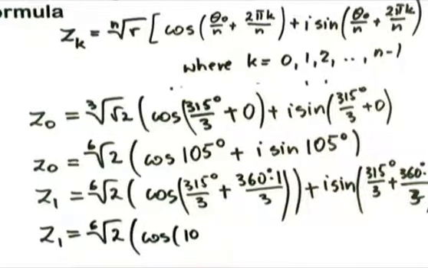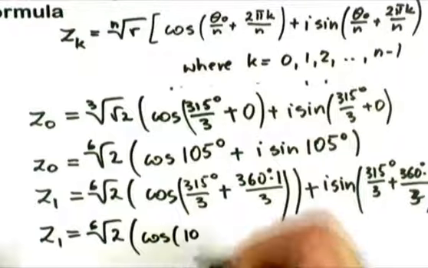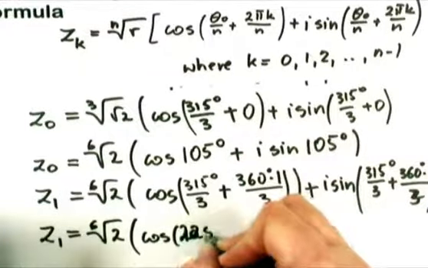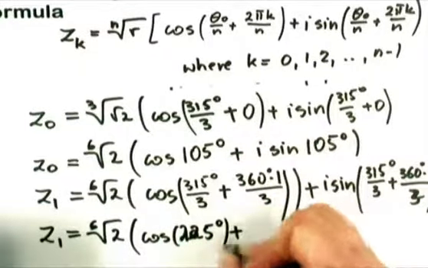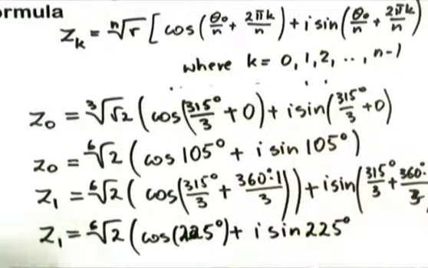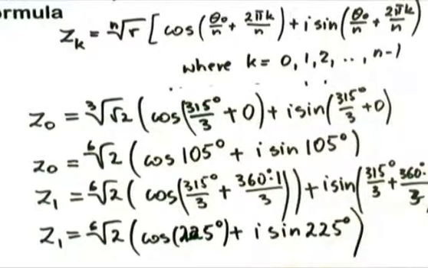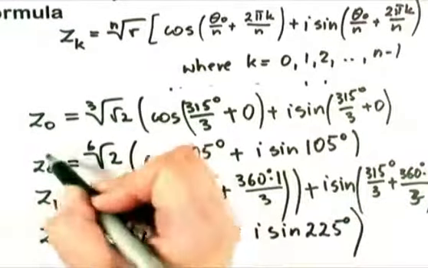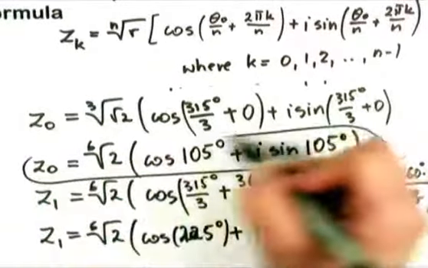We can actually add everything together. Plus 360 divided by 3. So this whole number is cos 225 plus i sine 225. So that's my second root. The first one is right here, z0.